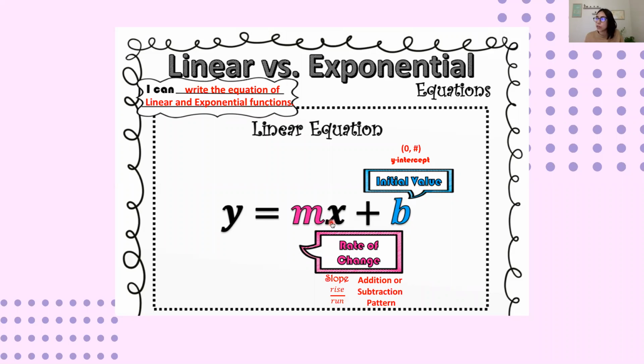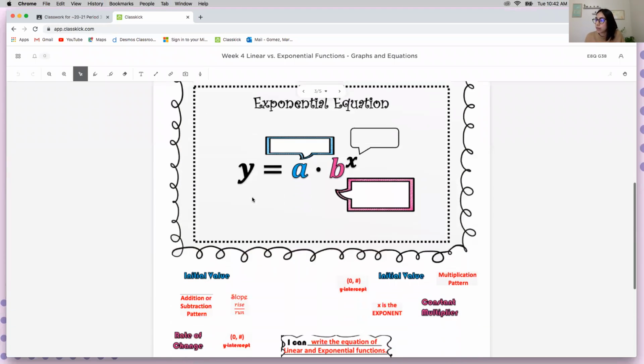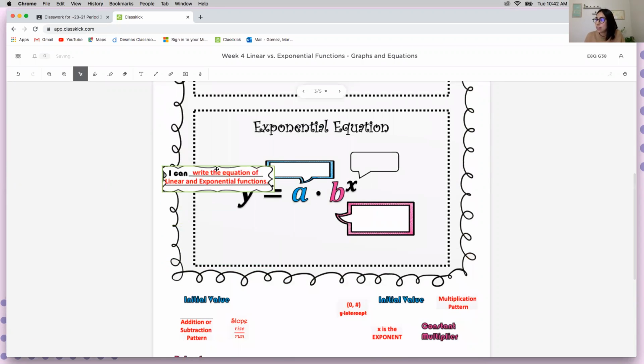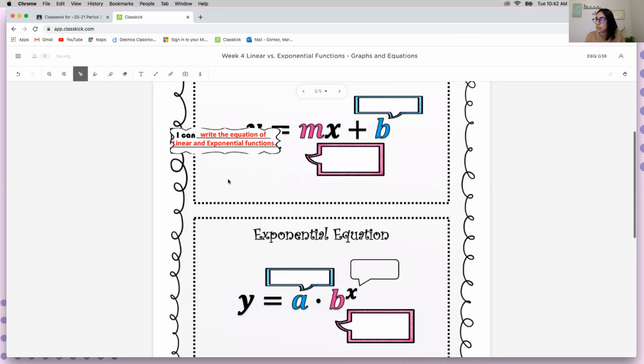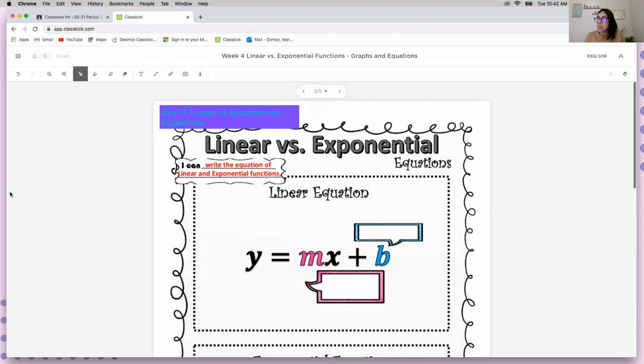Okay, we're going over to our class kick notes. We're going to go ahead and drag our pieces. Go ahead and drag over your objective at the very top. Our objective is to write the equation of linear and exponential functions.